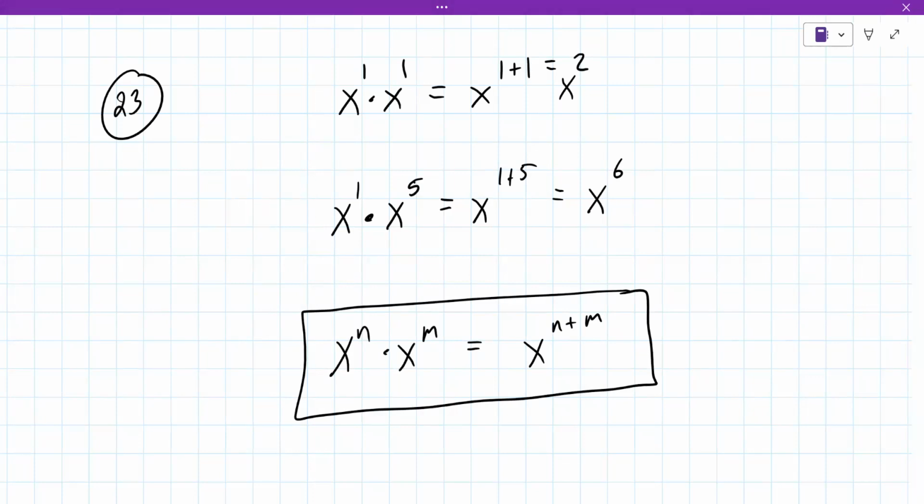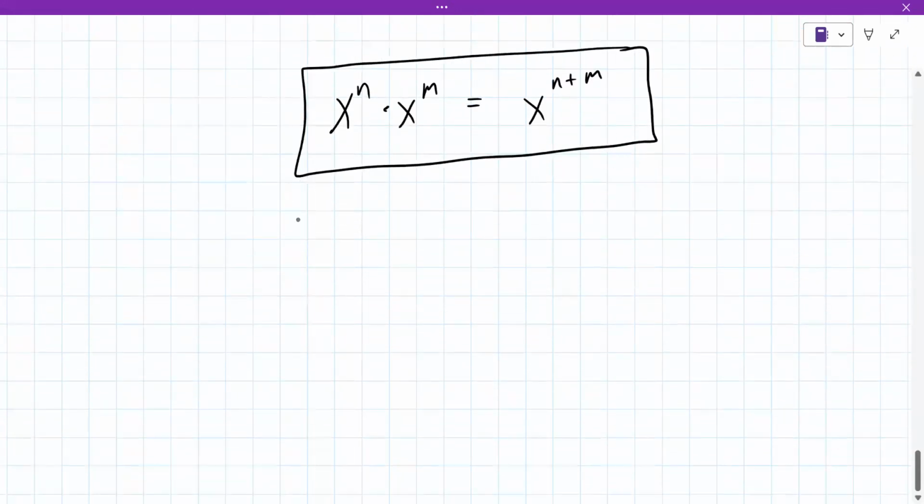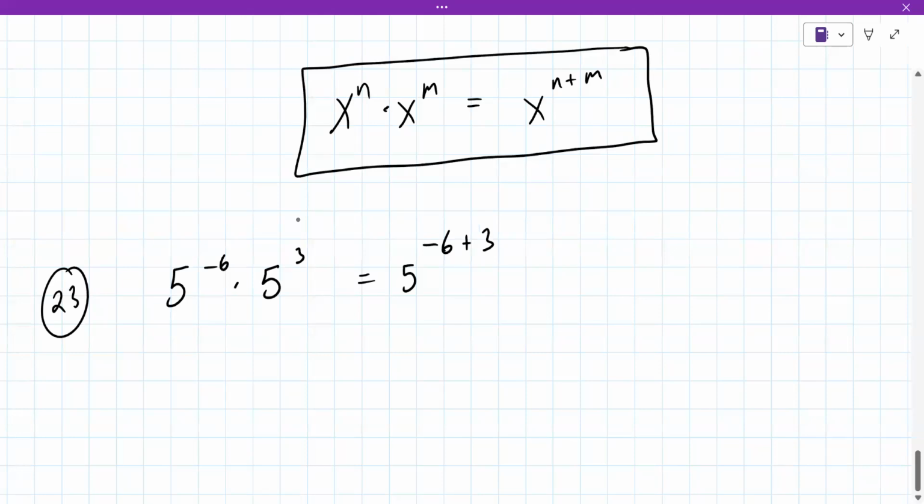Is that 5 to the minus 6 times 5 to the third? Okay, so the bases are the same, so you have to add the exponents. What does this become? 5 to the negative third.